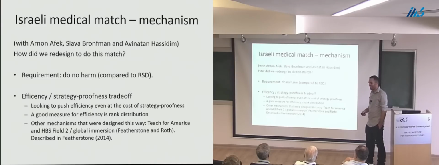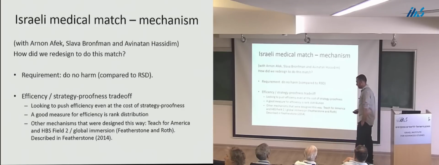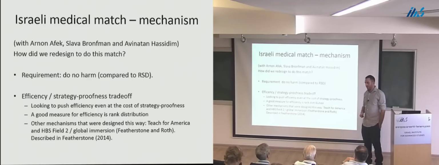Yes? So your requirement to do no harm is given fixed preferences do no worse than RSD, right? Right. Or is it given the fact that it's not strategy proof and people might be now misrepresenting, so you still won't be harmed by their misrepresentation?